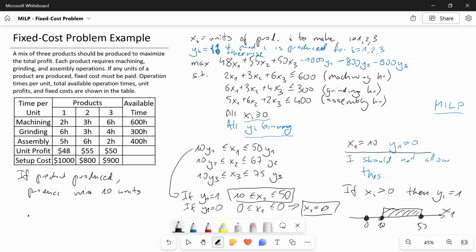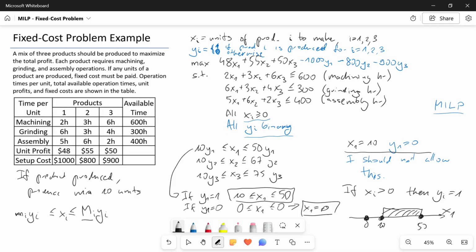So in general, we have a constraint which we can write for some variable xi with a binary indicator yi: less than or equal to some maximum limit for that variable i times the binary indicator, and xi greater than or equal to some minimum number mi times yi.